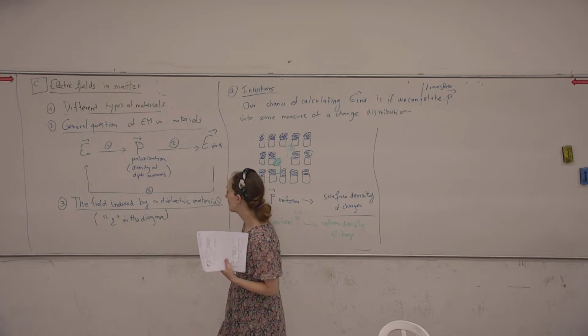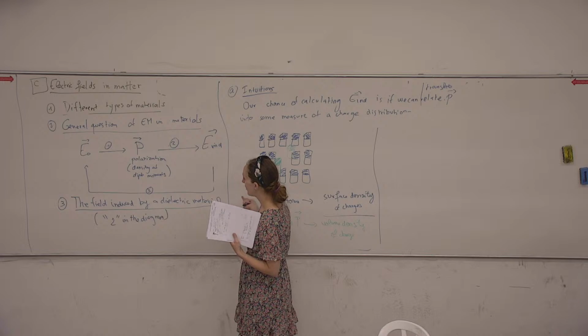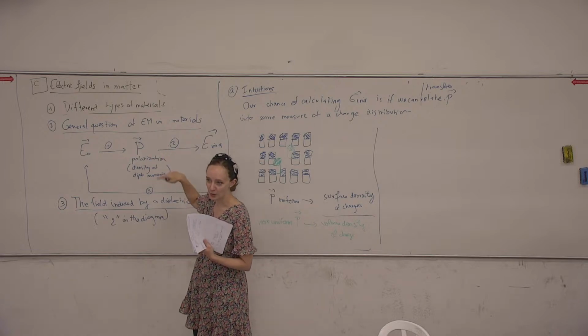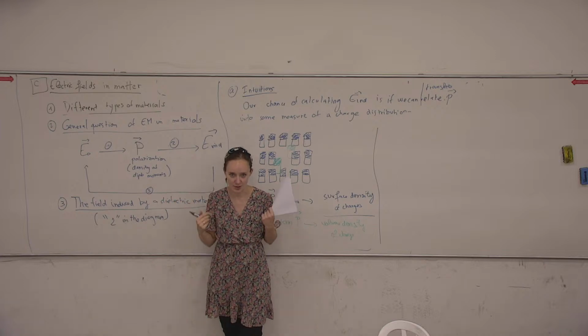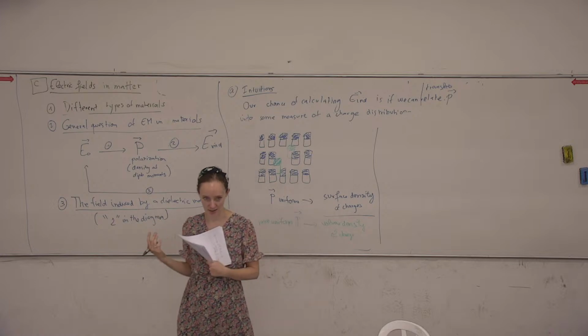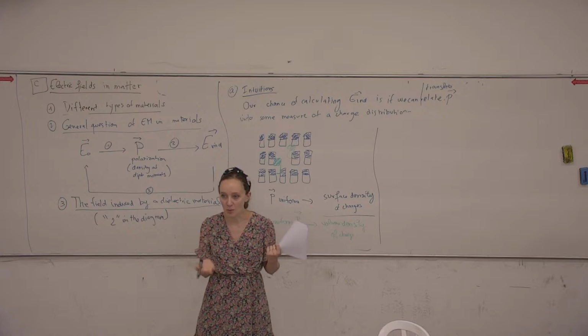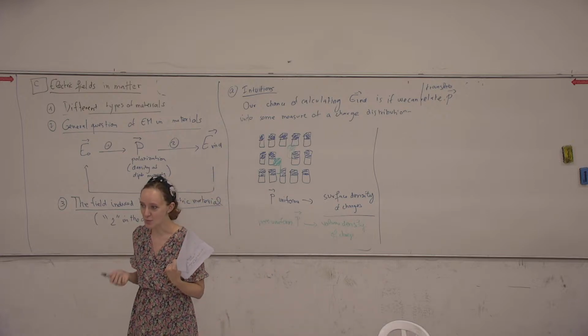So my goal now is to give you the method, and I will first show you formally that the polarization can be translated into surface charges and volume density of charges, and then the moment we do this, we can use all our arsenal of tools, which we already remember.